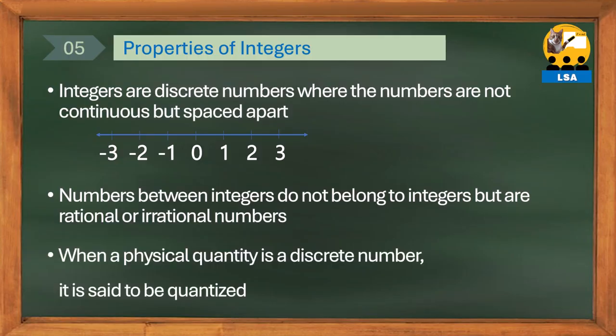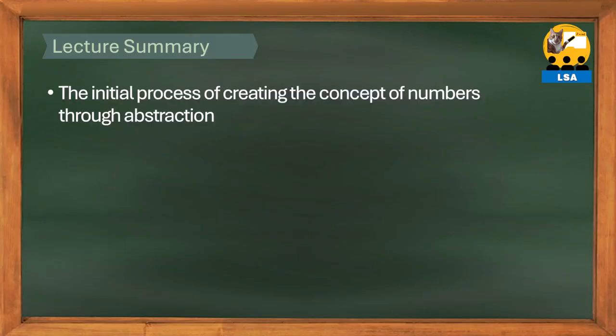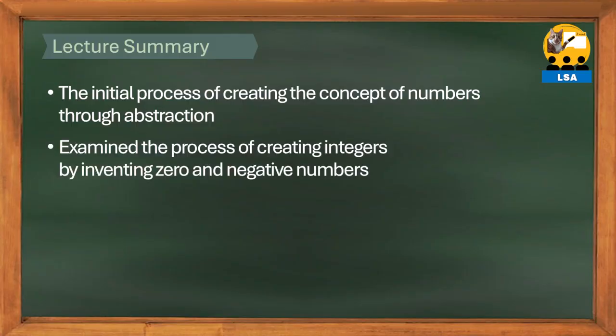What is important for us studying science is to hear in advance that when a physical quantity is expressed as a discrete number in physics, that physical quantity is said to be quantized. So far, we have examined the initial process of creating the concept of numbers through abstraction, and then the process of making integers by inventing 0 and negative numbers.